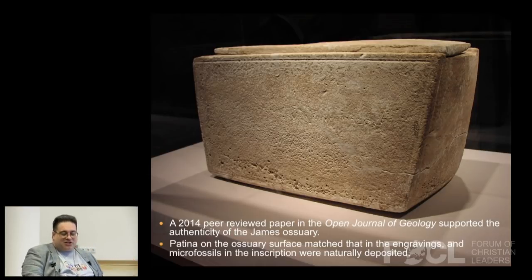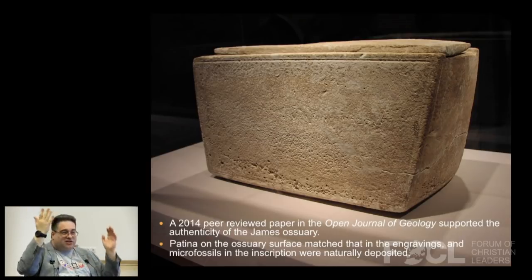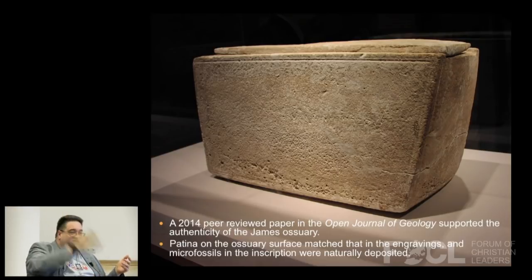So these were the sort of questions, and this scientific investigation looked at the patina, the dirt, the muck that accumulates over the years in the grooves of the lettering, the distribution of microfossils in the ossuary, and the distribution of knocks, where at one time some roof tiles fell on the box and made scores in it, and so on.